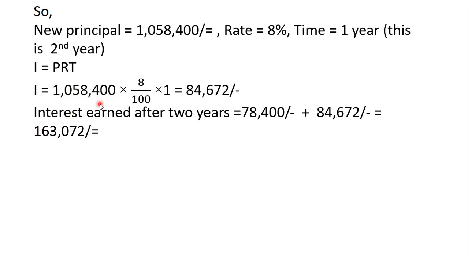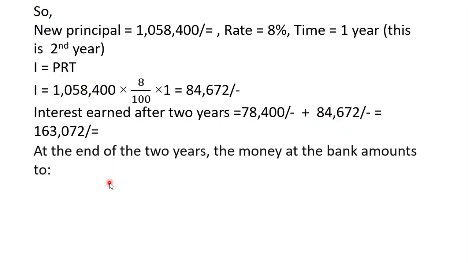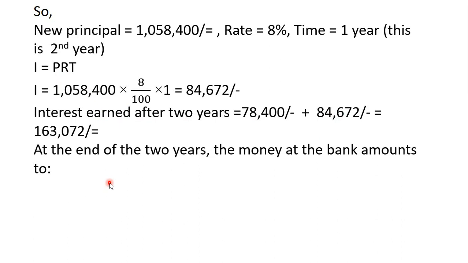So after the second year, you will be having this plus the interest in that second year. So it means that the new amount is going to be given by adding the amount after the first year plus the interest in the second year.